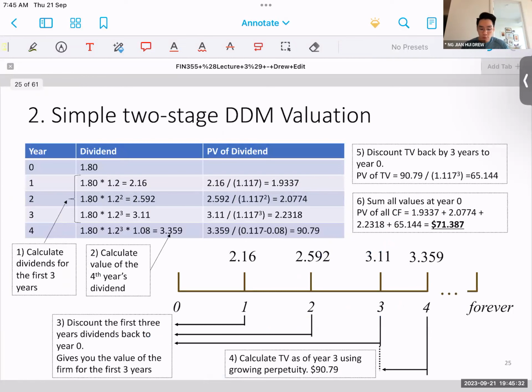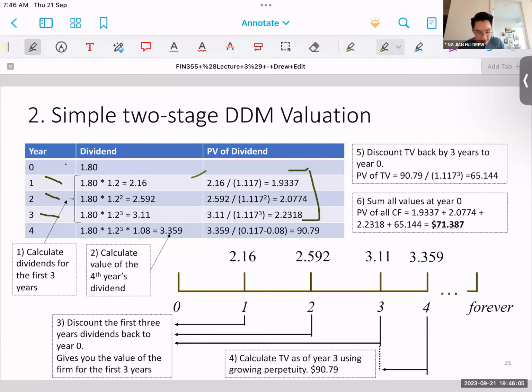So in component 1, like I mentioned, you can either use a PV of the sum of 3 cash flows, or you use a growing annuity. But in this case, let's do the simpler method. We use the sum of 3 cash flows. So we have dividends, given D0, we have D1, D2, D3, and we just multiply by the growth factor. But remember, we need the PV of this cash flow, so we do a PV here.